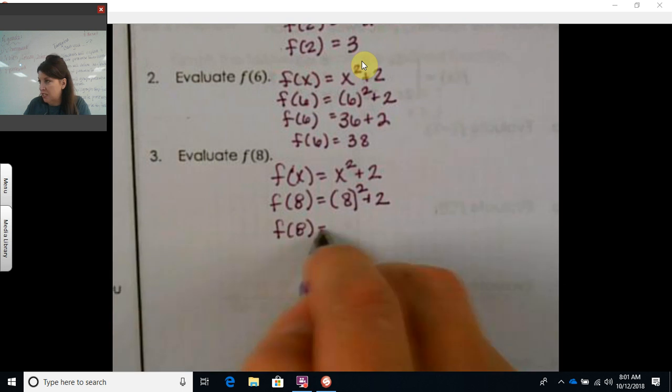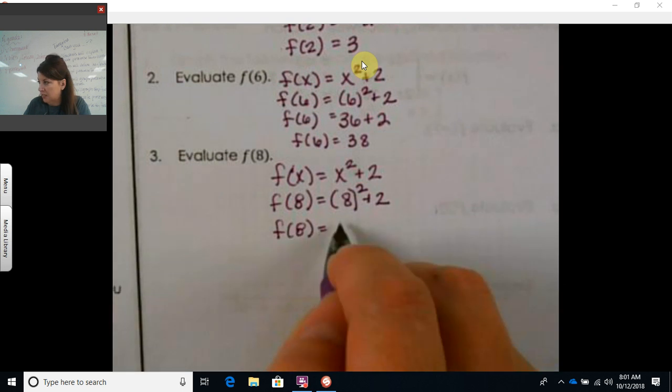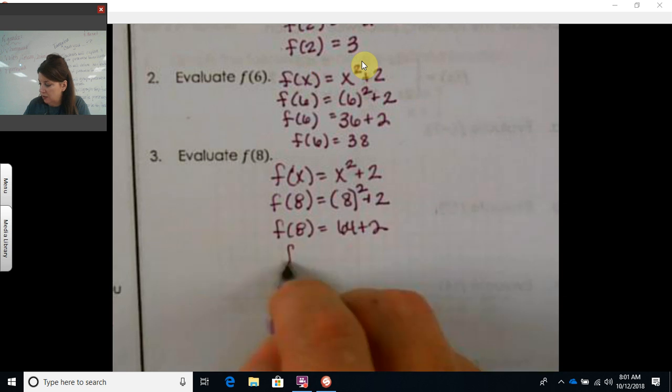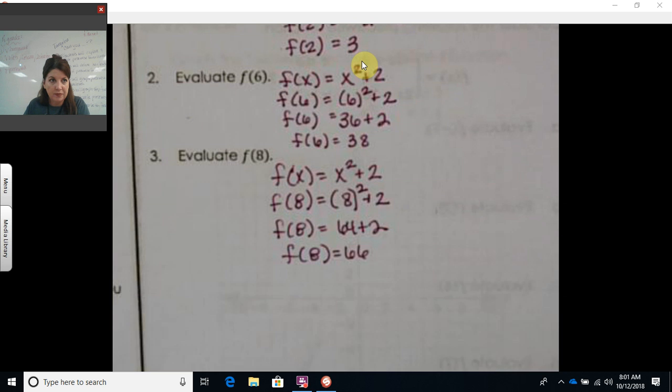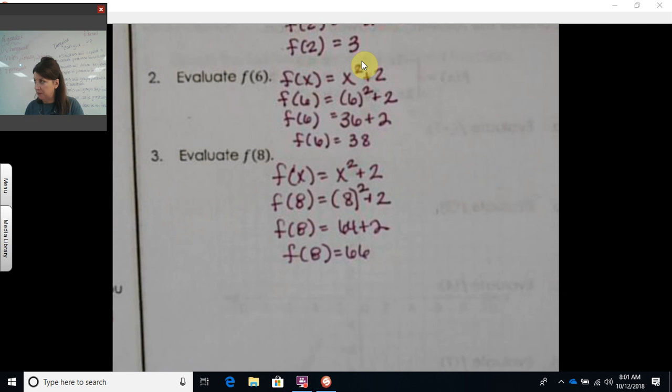And I get 8 squared is 64 plus 2 is 66. Pretty easy, right? Anybody have a question about that?